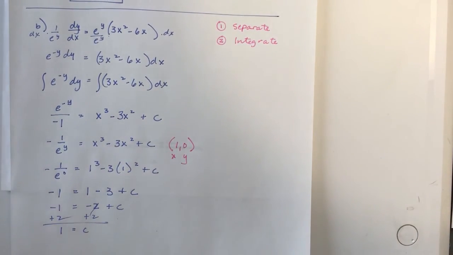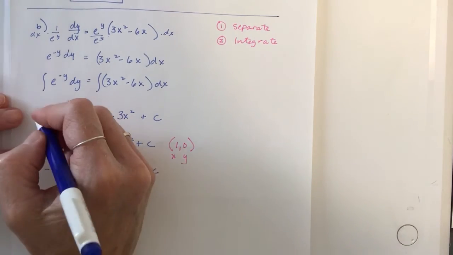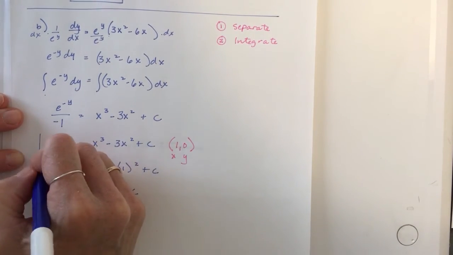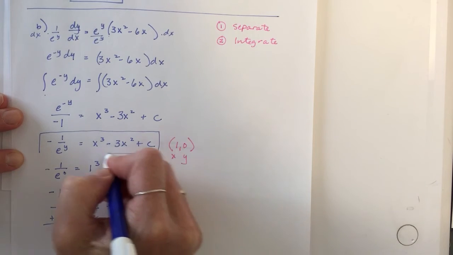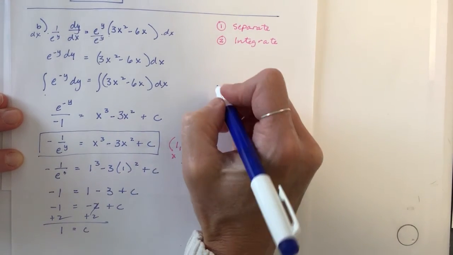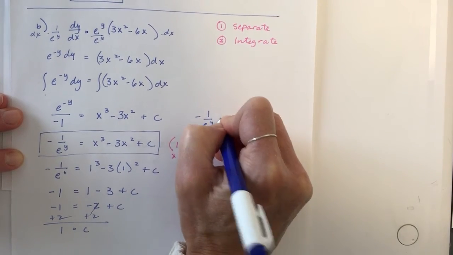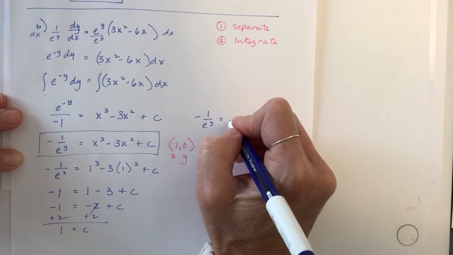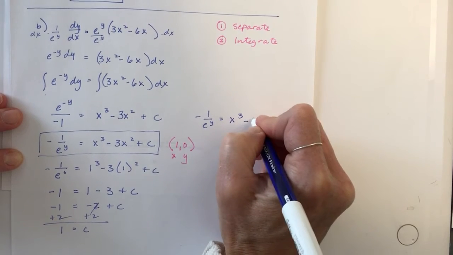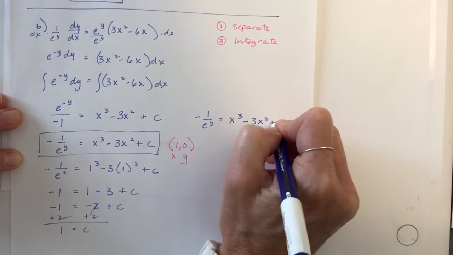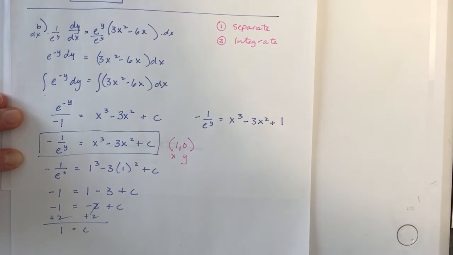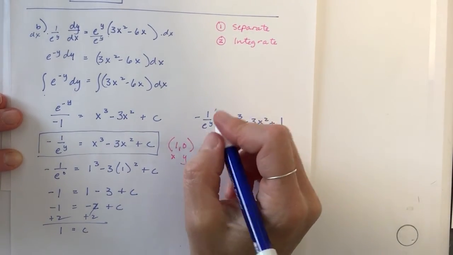So hopefully that's correct. Now I'm going to go back to this general solution here and plug in my c value. So I've got negative 1 over e to the y is equal to x cubed minus 3x squared plus 1. Now, remember we can just flip everything here.